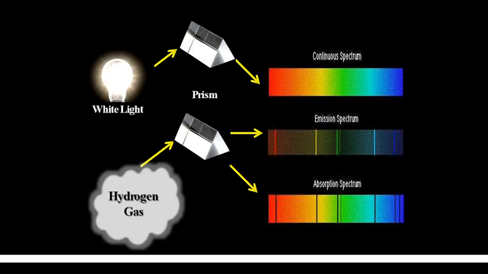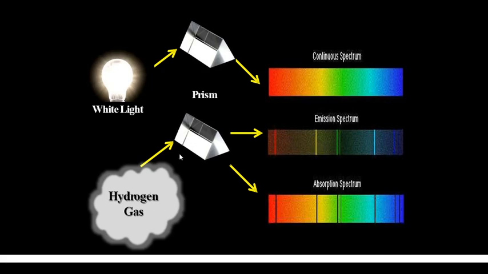It will emit radiations or light, and if we pass that light through a prism, we will get something like this, which is known as emission spectrum, or we will get it like this, dark lines in a bright background, which is known as absorption spectrum, and white lines in a black background, that is emission spectrum.